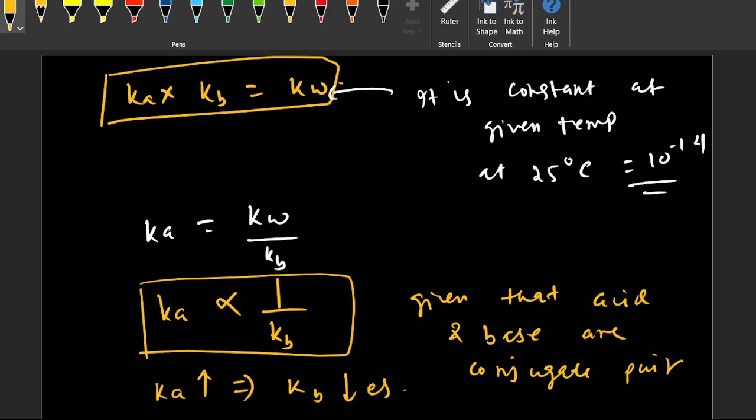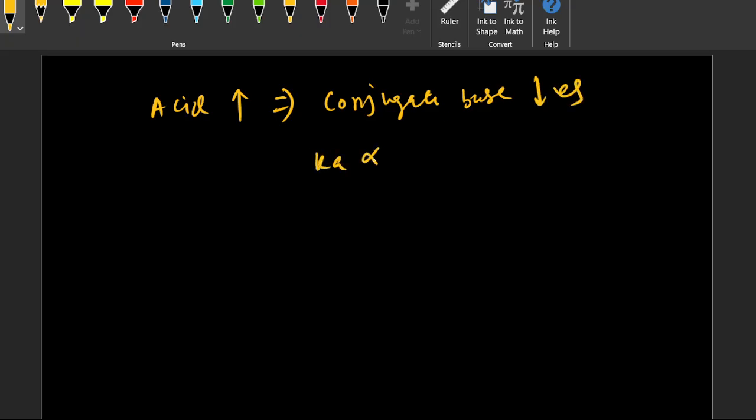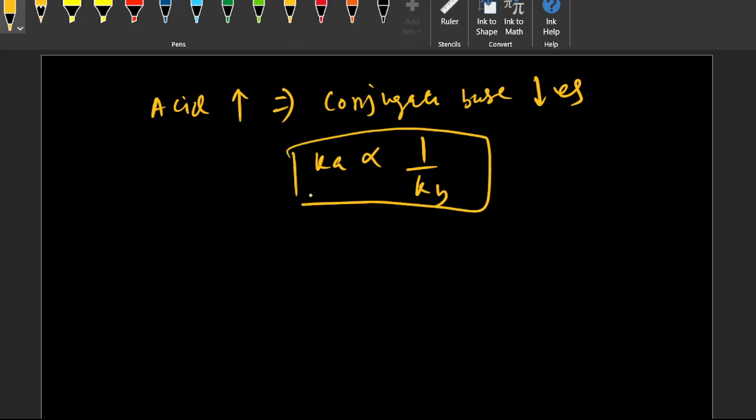So if the acid strength increases, then its conjugate base will decrease, because Ka is inversely proportional to Kb. They have an inverse relationship. So if you increase the acid, the acid's conjugate base will decrease, and if you decrease the acid, then its conjugate base will increase, because they have the inversely proportional relationship.